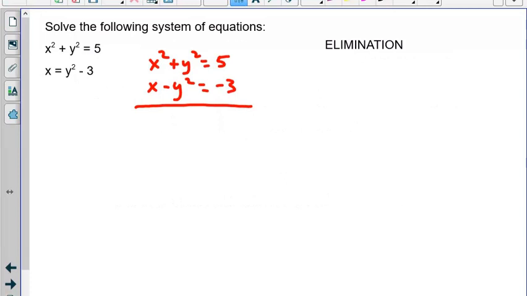Just be careful. x squared plus x is not 2x or 2x squared or x to the third. x squared plus x, you cannot combine those terms in any other way other than leaving it as x squared plus x. 5 plus negative 3 is 2. Then what we will do is subtract the 2 over, because this is tailor-made for factoring.